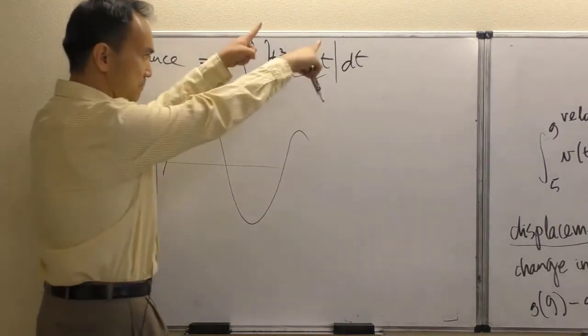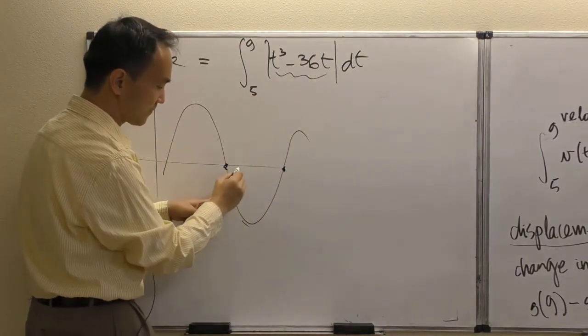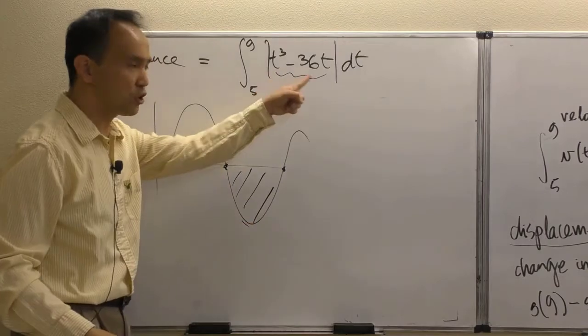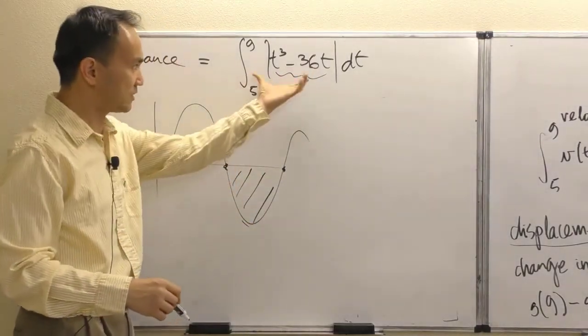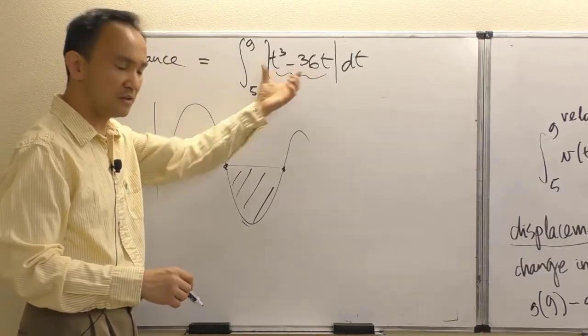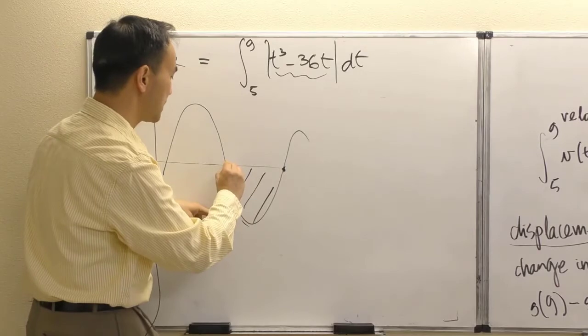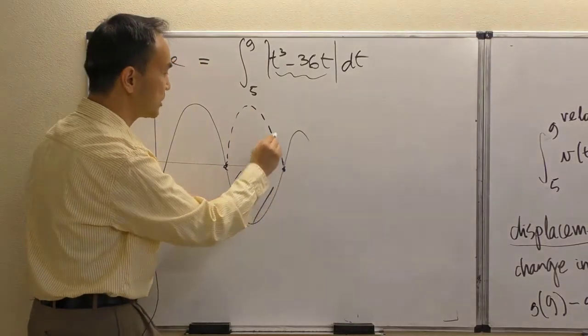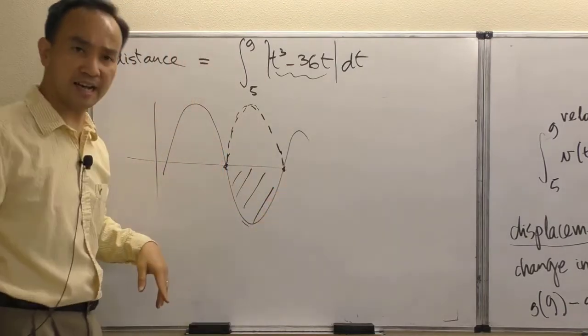I'm not saying this is the exact graph, but putting that function in absolute value means the portion below the x-axis must be treated as the opposite, that is, as being above the x-axis, like that.